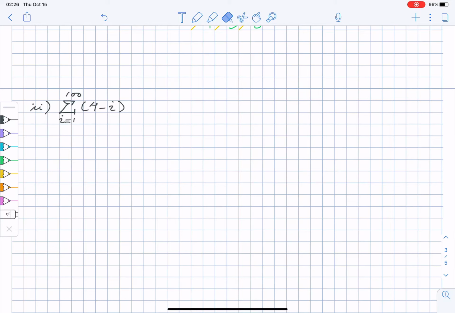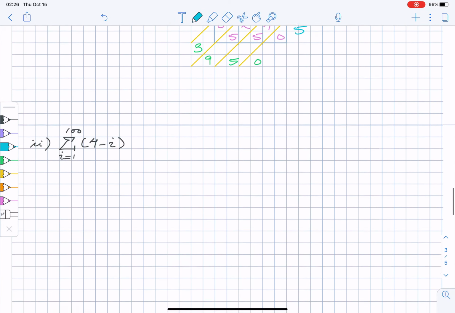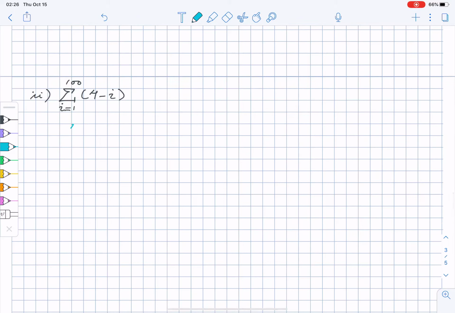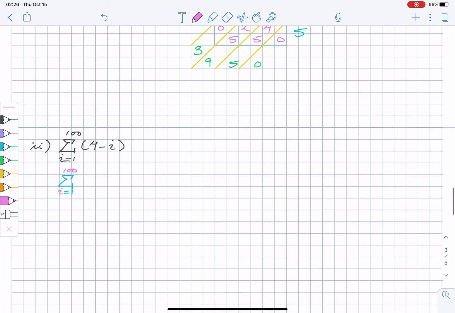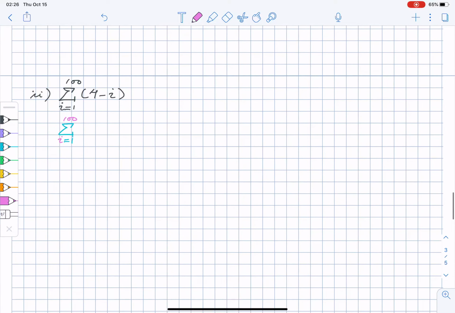Okay, so let's rewrite this. So we have the sum, sigma, as my index counts from 1 to 100, of the quantity 4 minus the index.